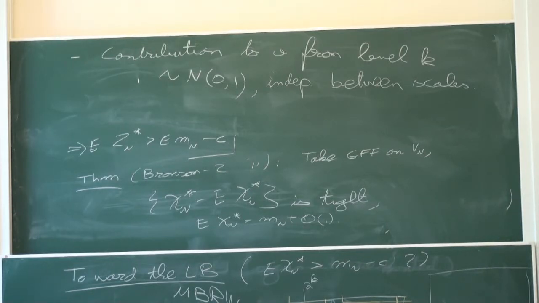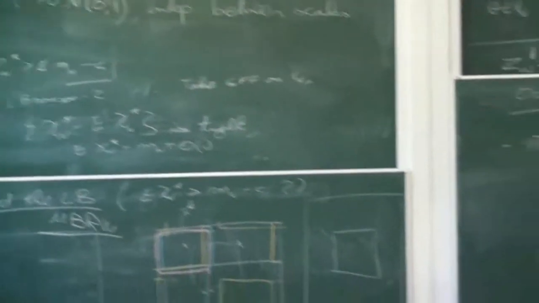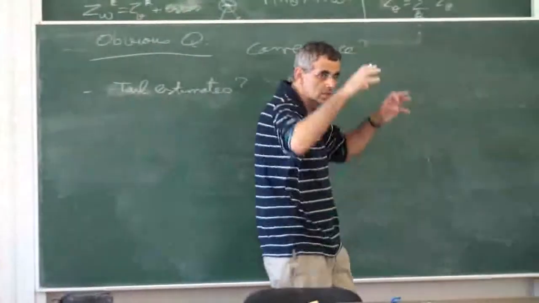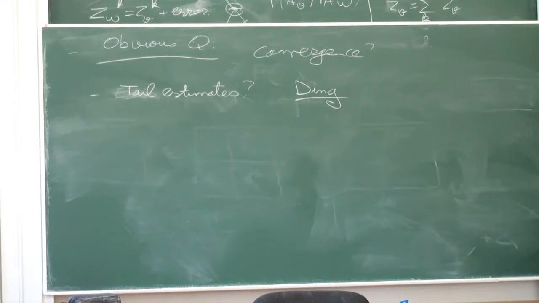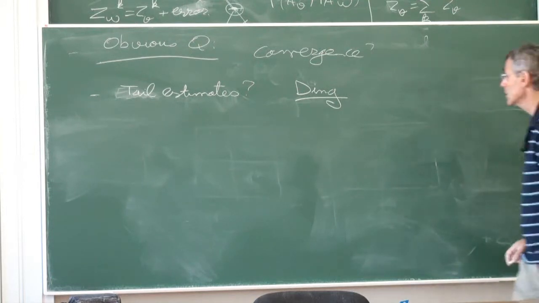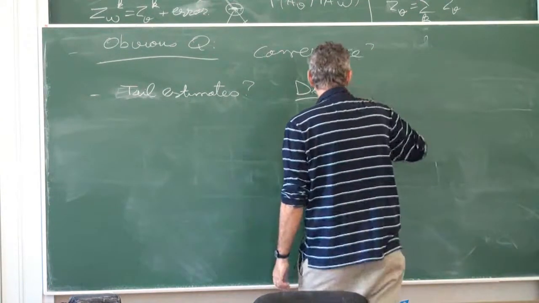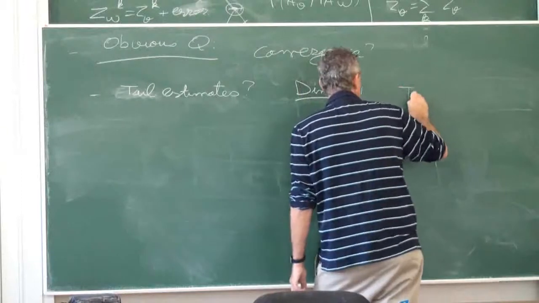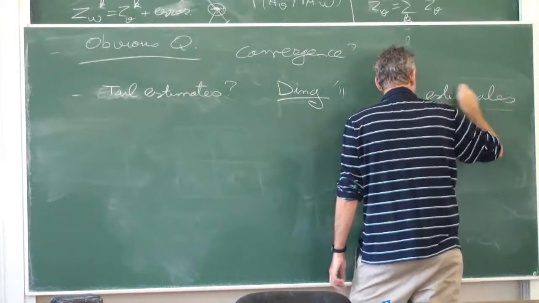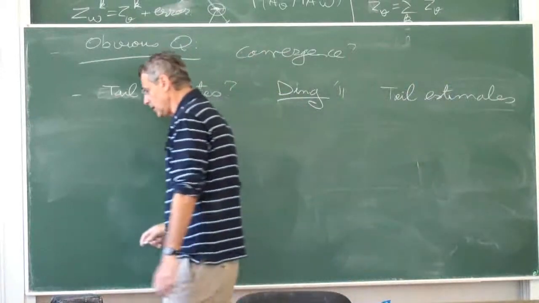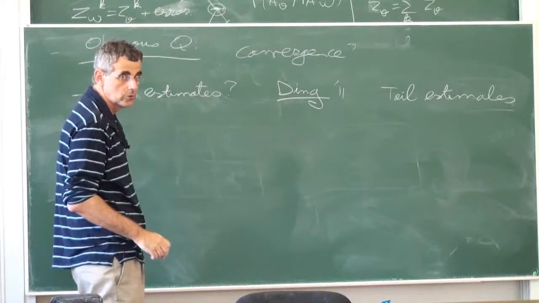But in fact, Ding has shown that by using this sprinkling type of argument that I mentioned before, namely taking a sparse subset of points, not looking at all points, you can get tail estimates. In particular, the upper tail is like for branching random walk.